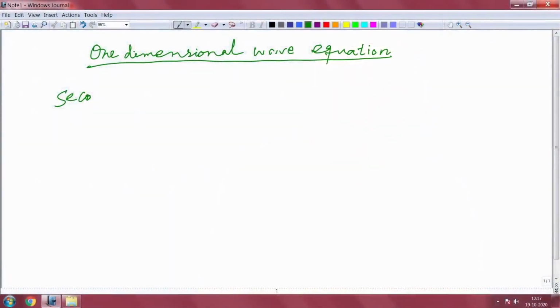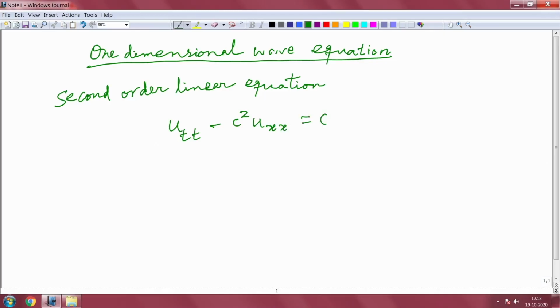So, this is a second order linear equation given by u t t minus c square u x x equal to 0.